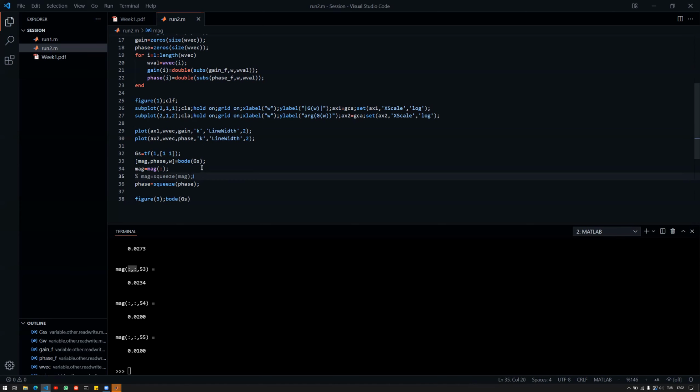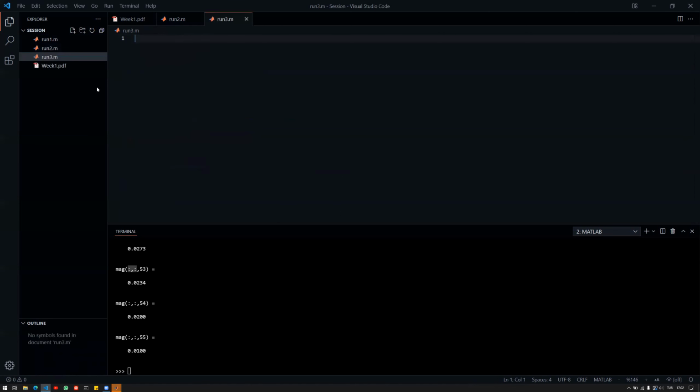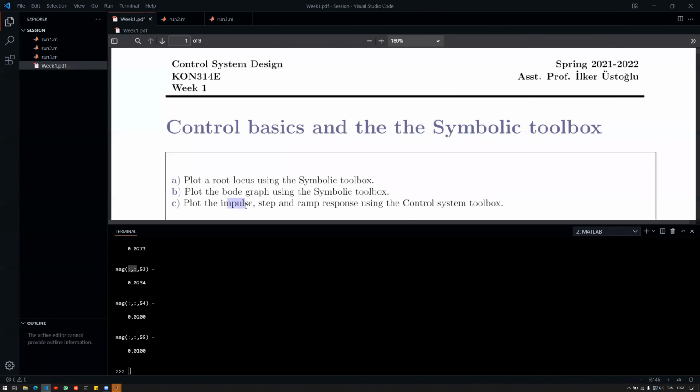So, yeah, that's pretty much it. Now, the last bit is about the impulse, step, and ramp response of a certain system. Here we won't use the symbolic toolbox anymore, which we could, but I omitted that part.